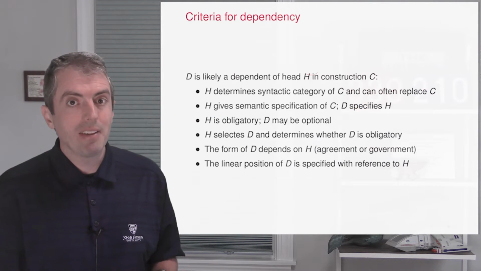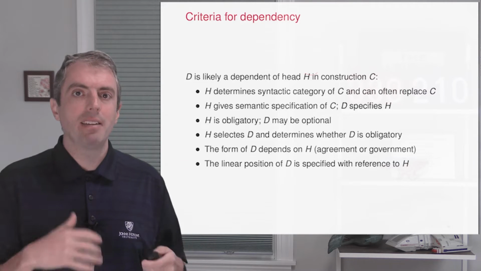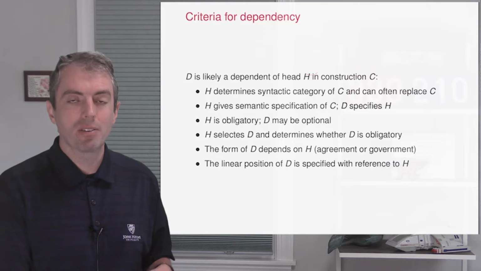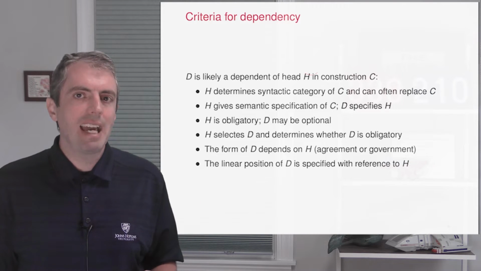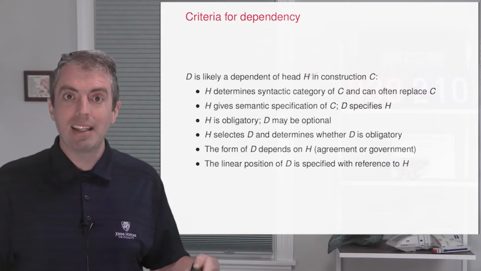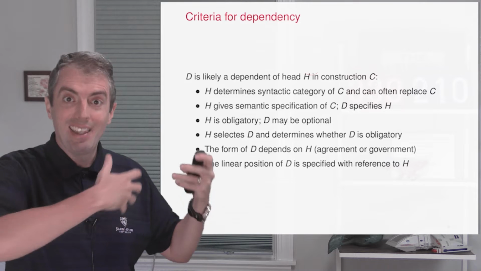There's a lot of debate about this, but there are some high-level rules for when D is a dependent of head H in construction C. If the head determines the syntactic category of a construction and can replace the construction, that's a good sign that it's the head.